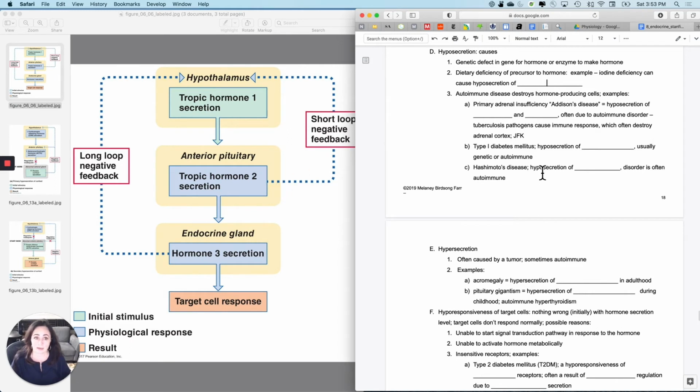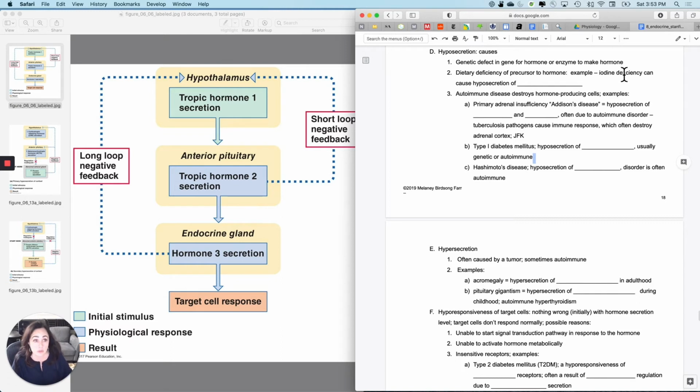Type 1 diabetes mellitus is usually a combination of a genetic predisposition with an autoimmune trigger. And type 1 diabetes mellitus is a hyposecretion of what hormone? That's hyposecretion of insulin. And then Hashimoto's disease is a hyposecretion of T3 and T4.